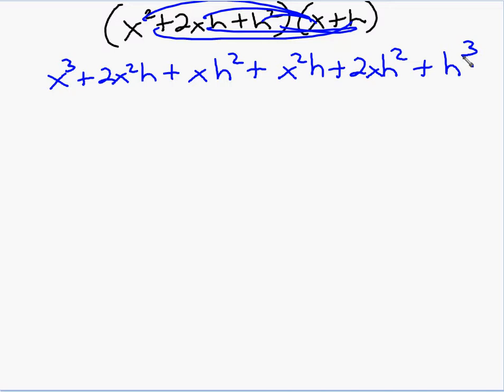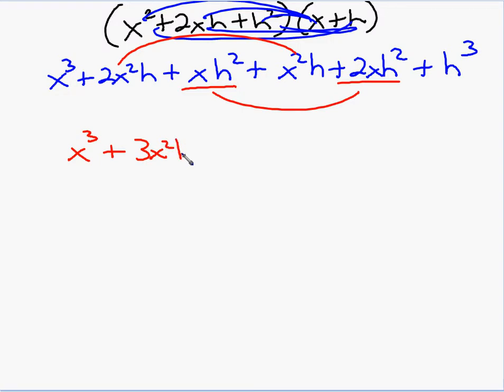Now, that is just f of x plus h, but can't I simplify it a little bit? I have like terms here and here, and like terms here and here. So I now have x cubed plus 3x squared h plus 3xh squared plus h cubed.